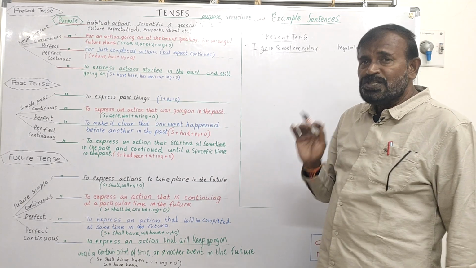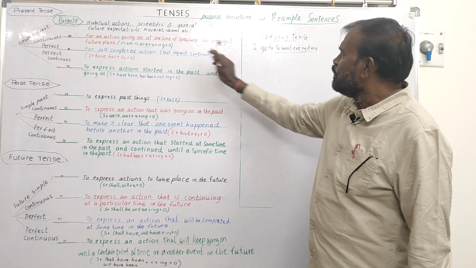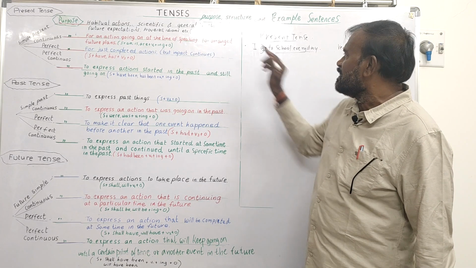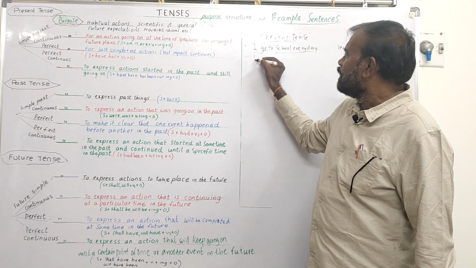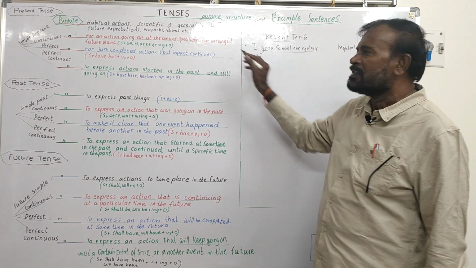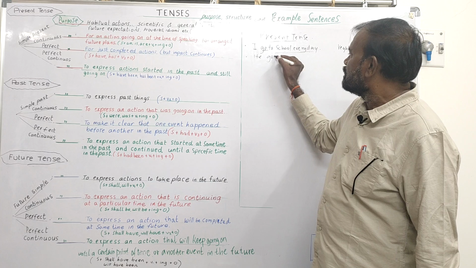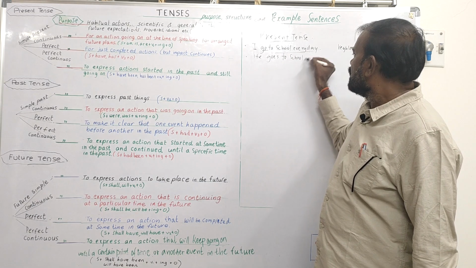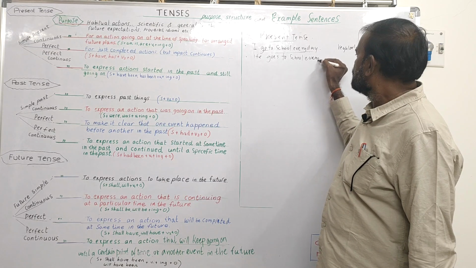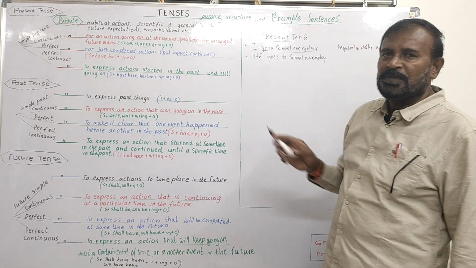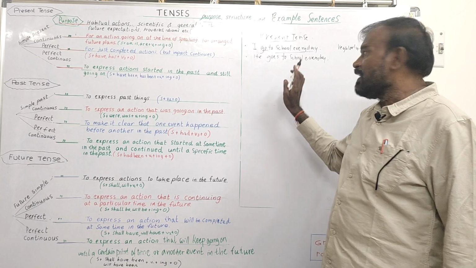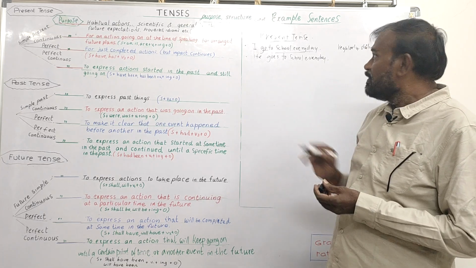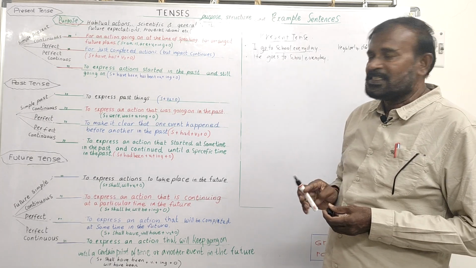And for the singular subjects, we use subject plus V1 plus S or ES. For example, when we want to use a singular subject, he goes to school every day. These sentences can be written negative as well as interrogative and negative interrogative. It's the simple present tense.